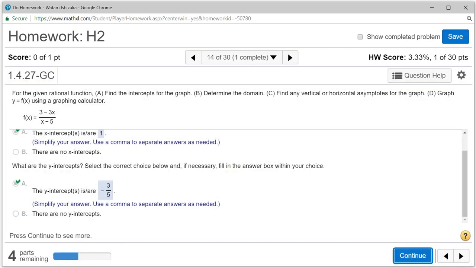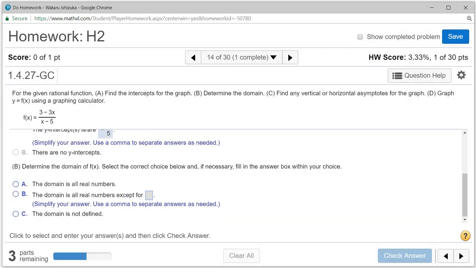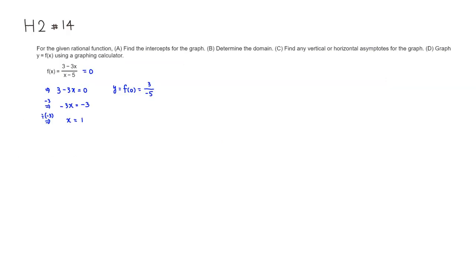All right, next question. We have to hit continue. And part B, determine the domain of this function. Since this is a rational function, we have to make sure that the denominator is not equal to 0. The denominator is x minus 5, so we have to make sure that this is non-zero.